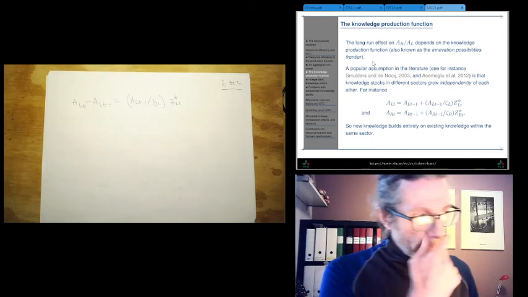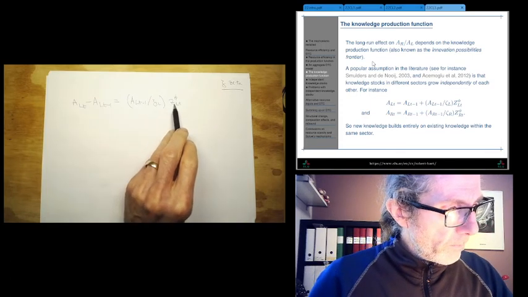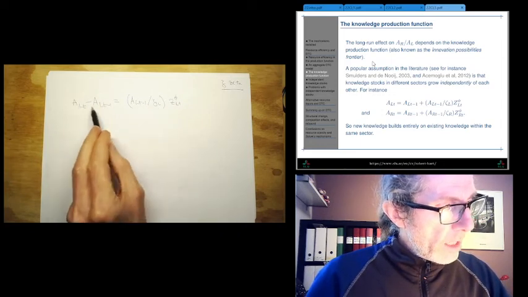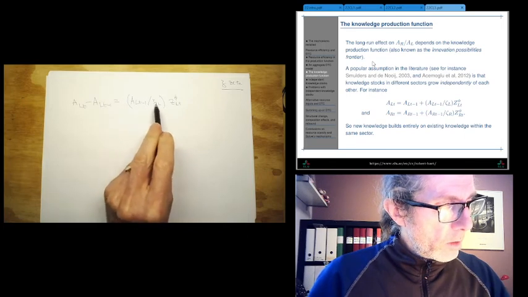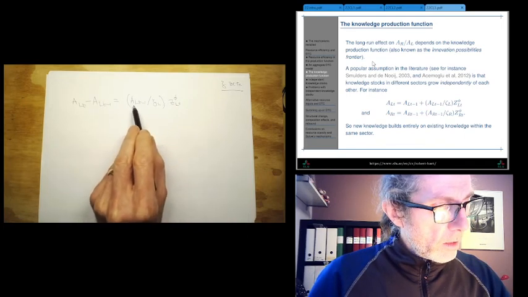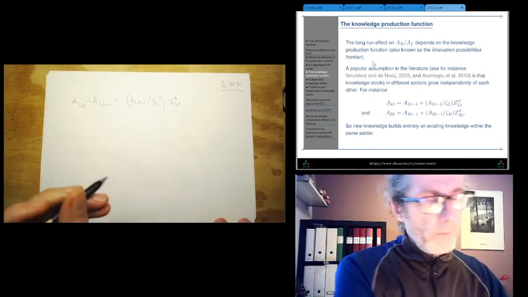So the new knowledge created, which is the difference between these two, is just a function of the investment and the initial stock of knowledge in that sector.